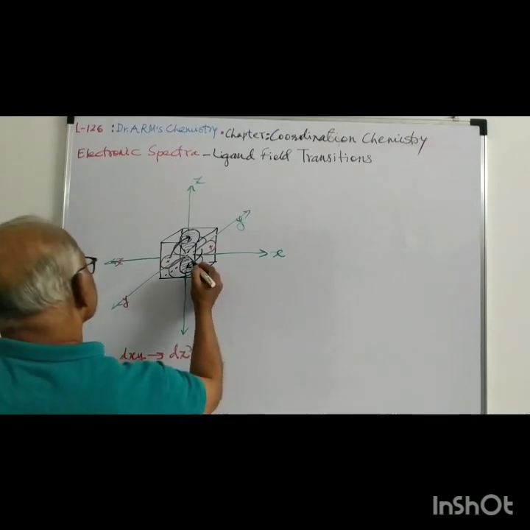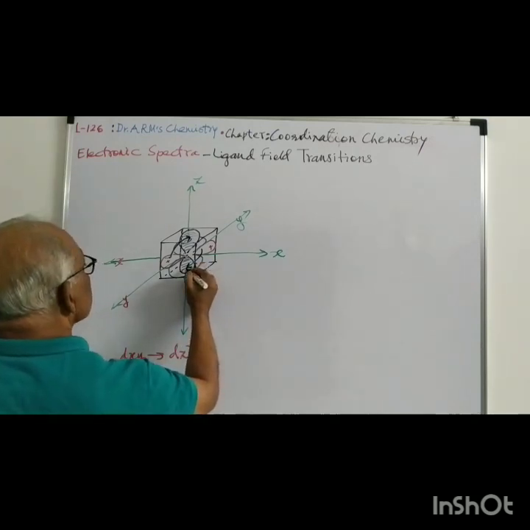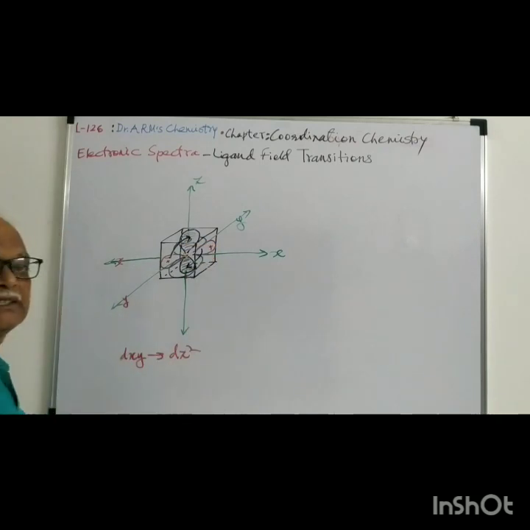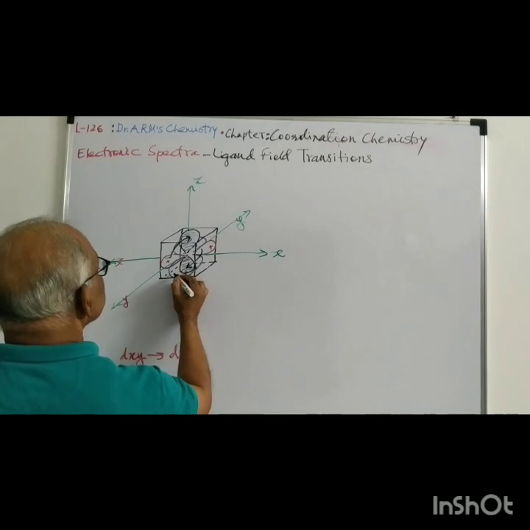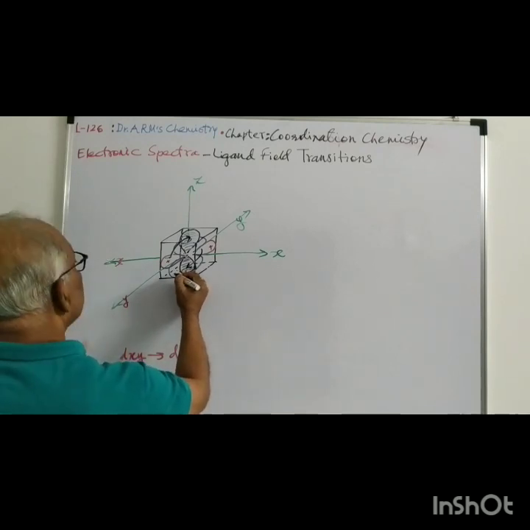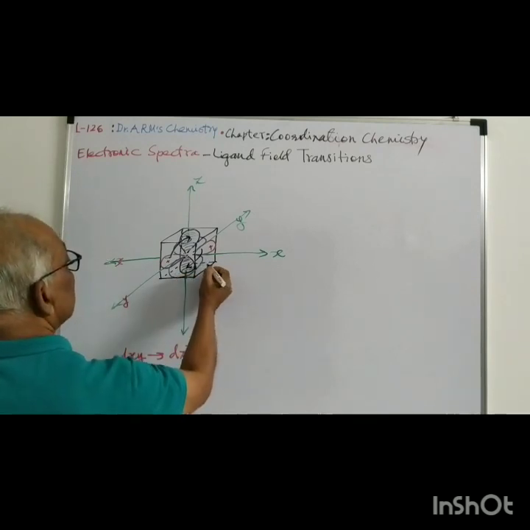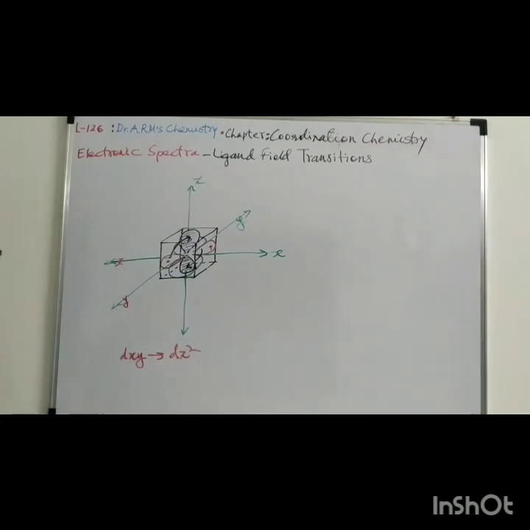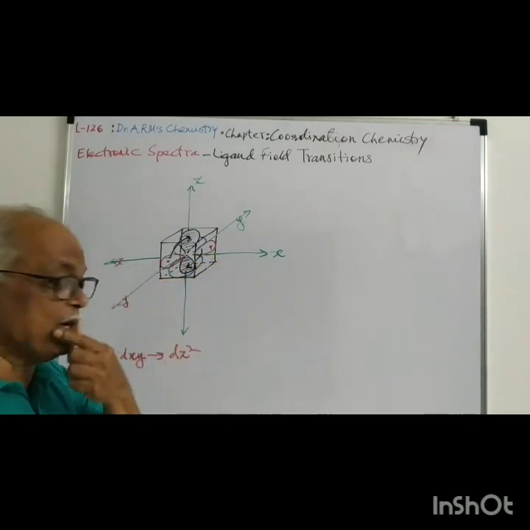So the distance between this dxy and dz2 is larger as compared to the distance between these dxy and the x2 minus y2 orbitals which are lying in the same xy plane.